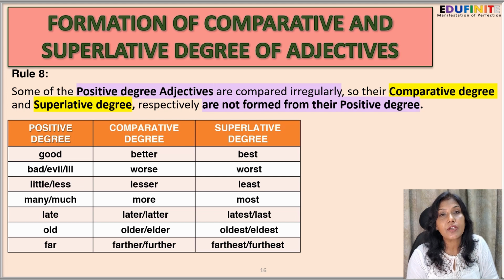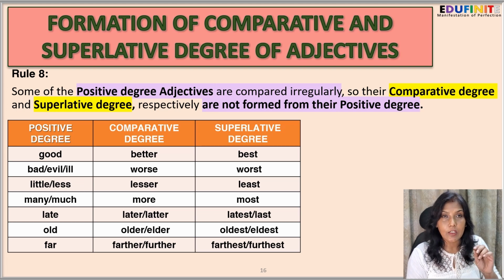Their comparative is common, more. And the superlative is also common as most. Next, late as positive degree has two comparative degrees. One is later and the other is latter. Similarly, it has two superlative degrees. One is latest, the other is last.